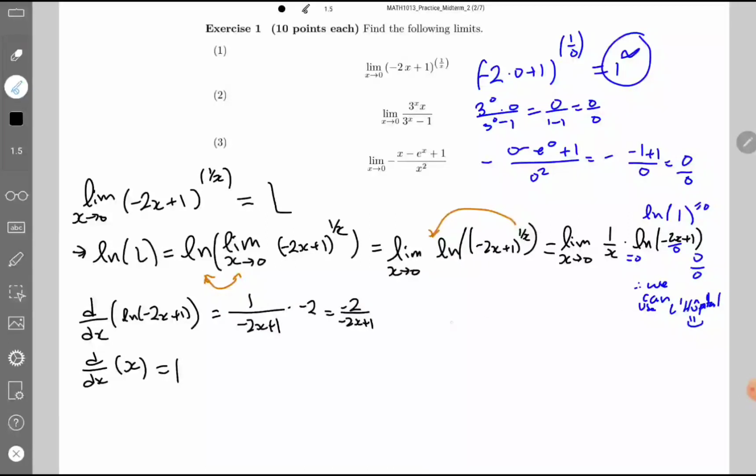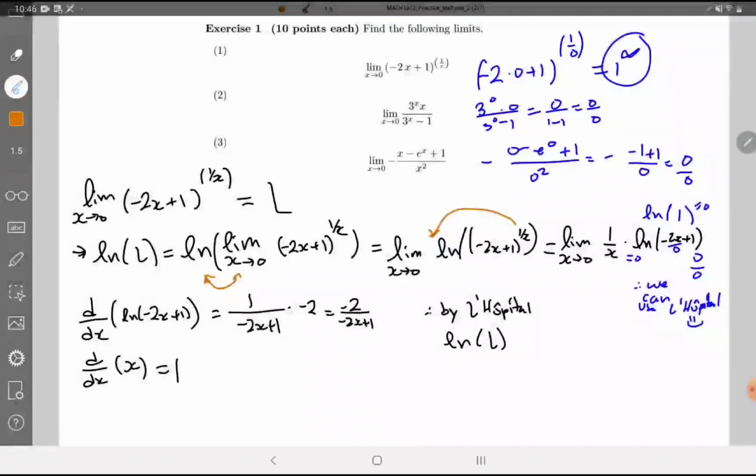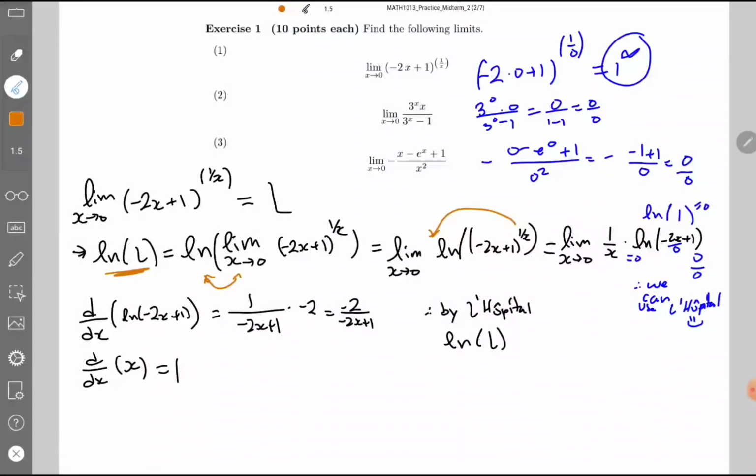So therefore, by L'Hopital, we have that the natural log of L, so I'm just bringing this part down. Remember, these are all equal to one another. I don't know if you can see this stylus. Hopefully you can see the little dot.